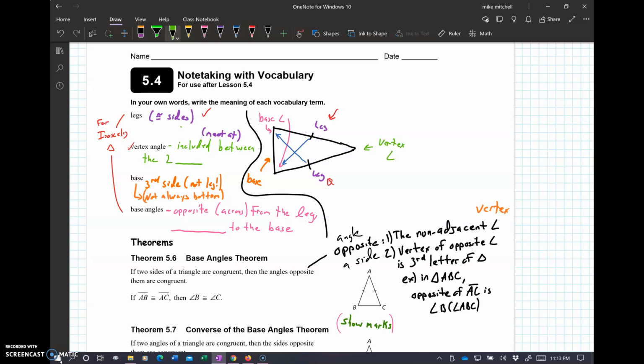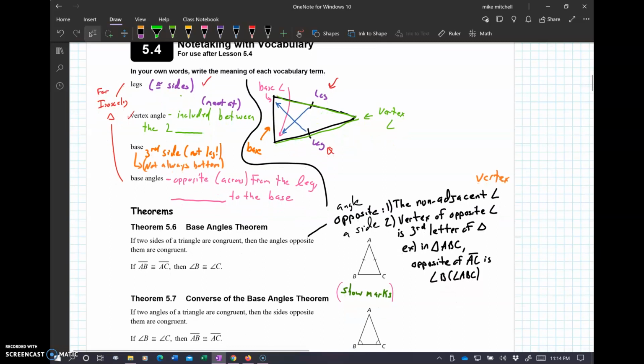That's this angle right here. You can see here's one leg, there's our other leg. They meet at the vertex angle, or the vertex of the vertex angle. So the base is the third side. It's not a leg. So we're talking this down here.